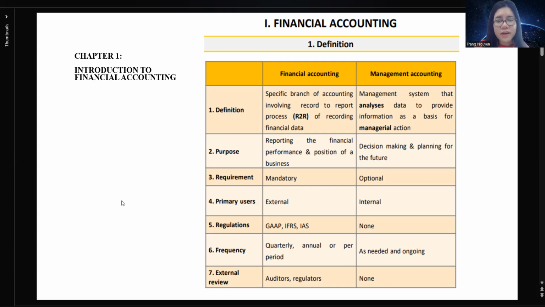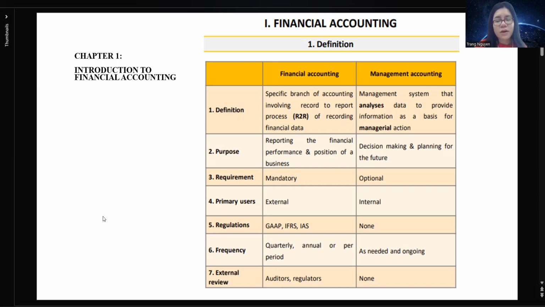Financial accounting is a specific branch of accounting involving the record-to-report process of recording financial data. But management accounting is a management system that analyzes data to provide information as a basis of managerial action.